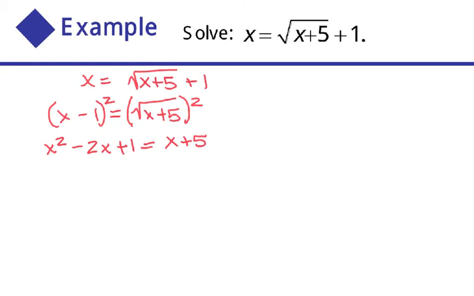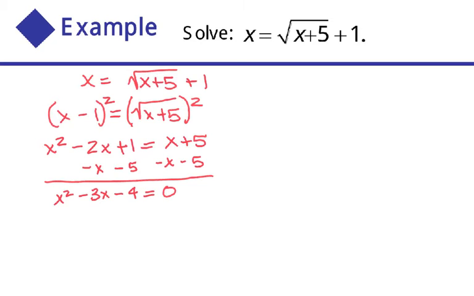The only way to do that is to have one side of our equation be 0. So I'm going to subtract x and subtract 5 from both sides of this equation, and I will get x squared minus 3x minus 4 equals 0. And then I will factor this side.